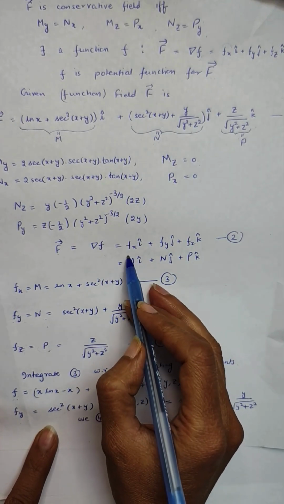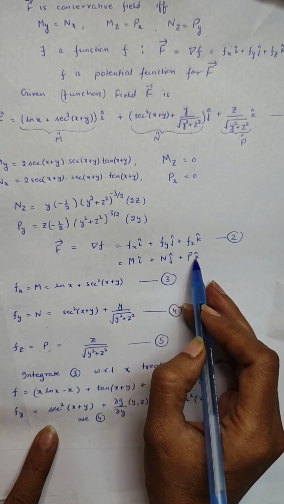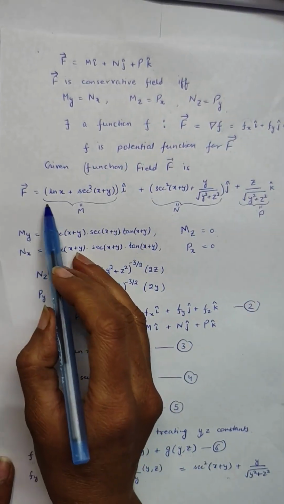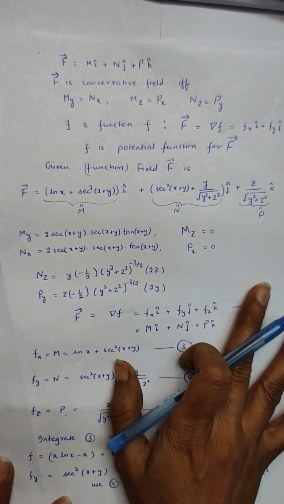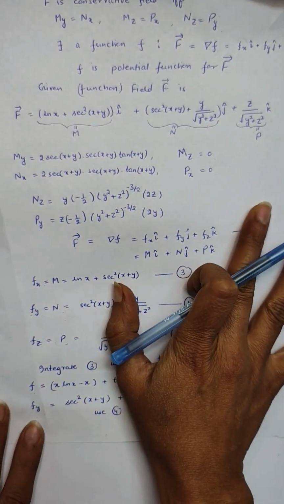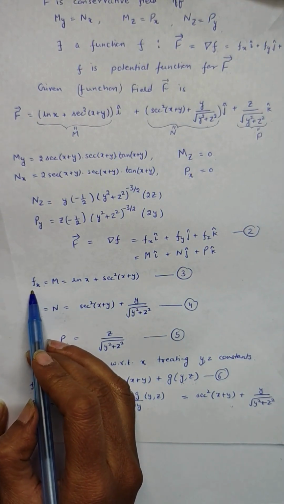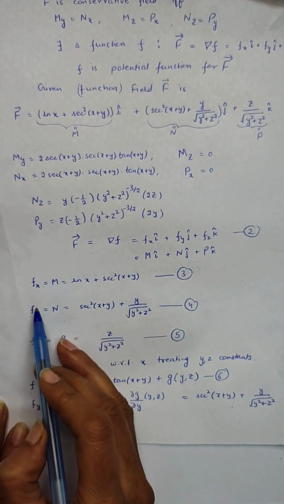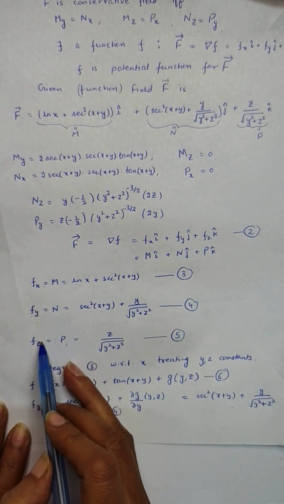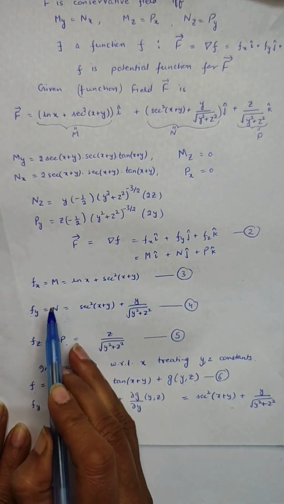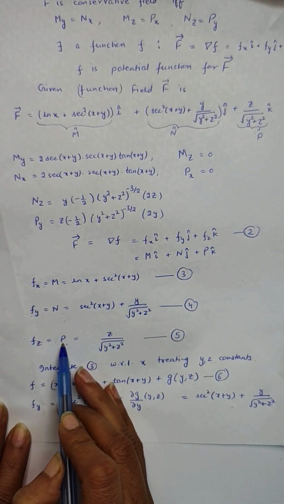Now we already know the values of M, N, and P from the given vector field, right? So what does that mean? That means we know the partial derivatives of this potential function f with respect to x, y, and z. They are equal to M, N, and P respectively, right?